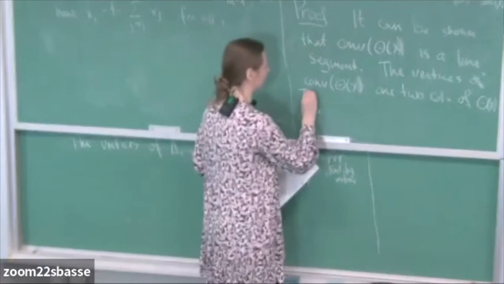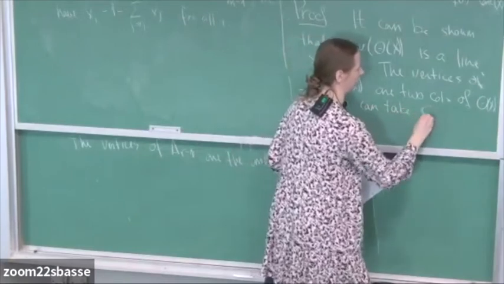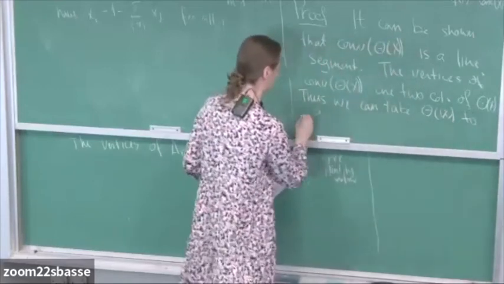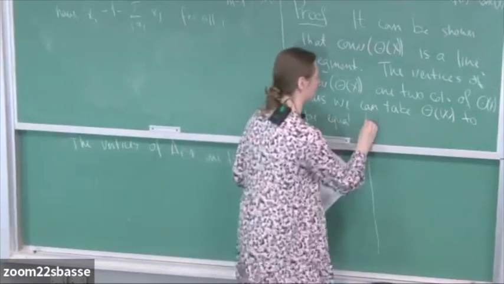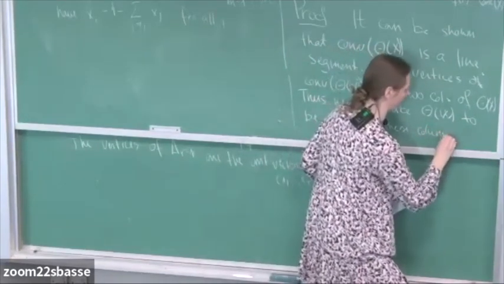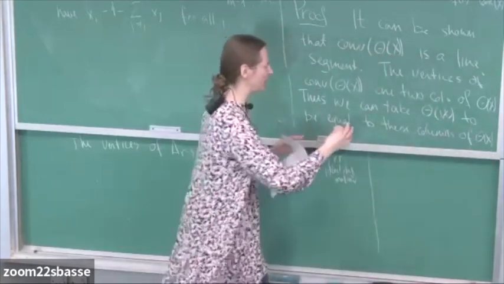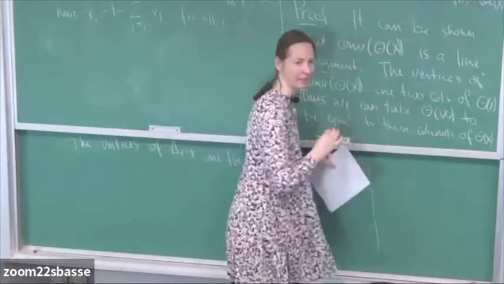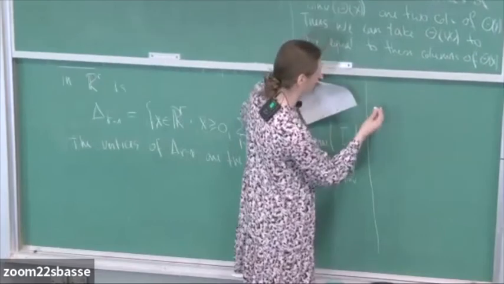And thus we can take delta W to be equal to these columns of theta X. I just realized maybe I didn't write it in the most precise way. What I mean is, delta W has 2 columns, and these are precisely the 2 columns that give the vertices of theta X. Okay, and let me finish the proof here.